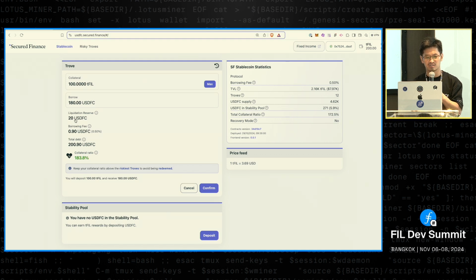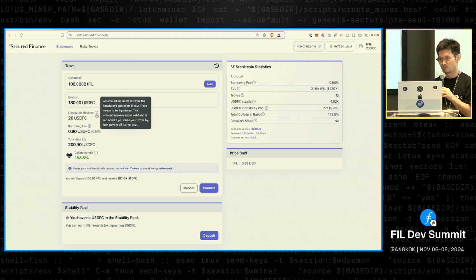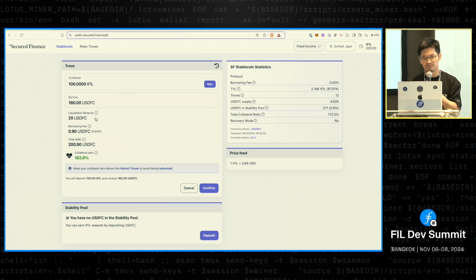And 20 USDFC is kept for the liquidation reserve, which is the reserve for the liquidator when a liquidation happens. So if you repay the entire debt, then this $20 will be paid back to you anyway. And the fee is only a one-time fee, which is 0.5% currently.